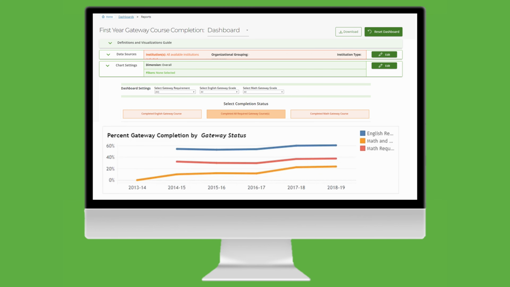Applying that dimension, change the upper visualization to a line chart, representing completion rates for the students required to take English courses only, Math courses only, and both Math and English courses.